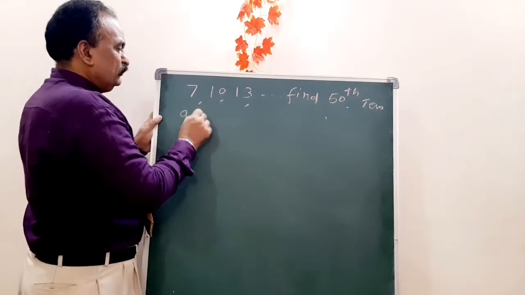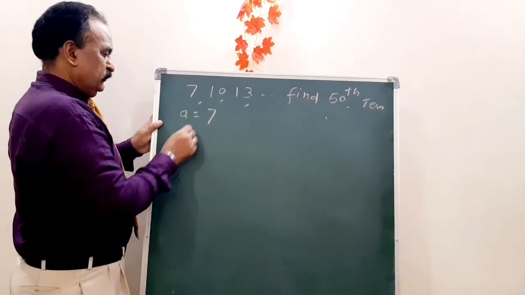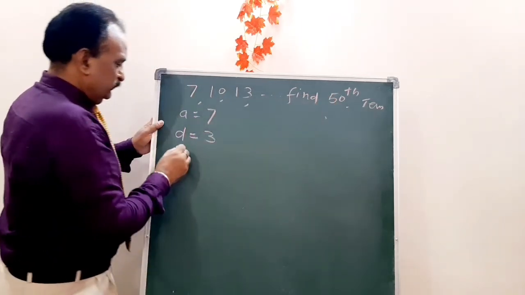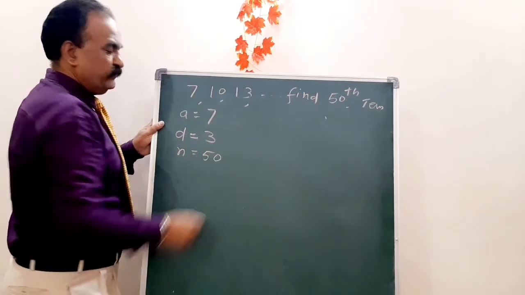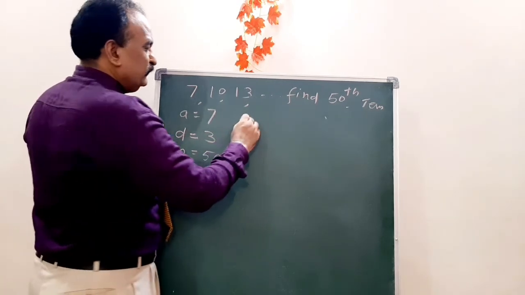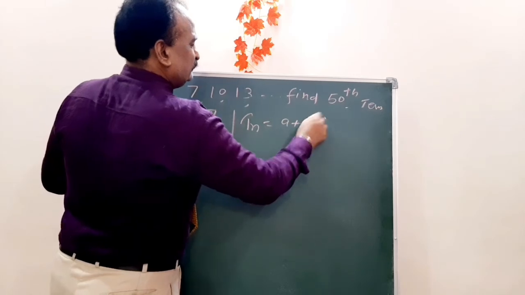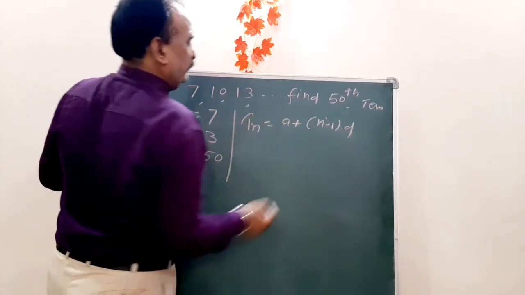So a is equal to 7, and d is equal to 10 minus 7, which is 3. And for the 58th term, n is equal to 58. The formula is Tn is equal to a plus n minus 1 into d.